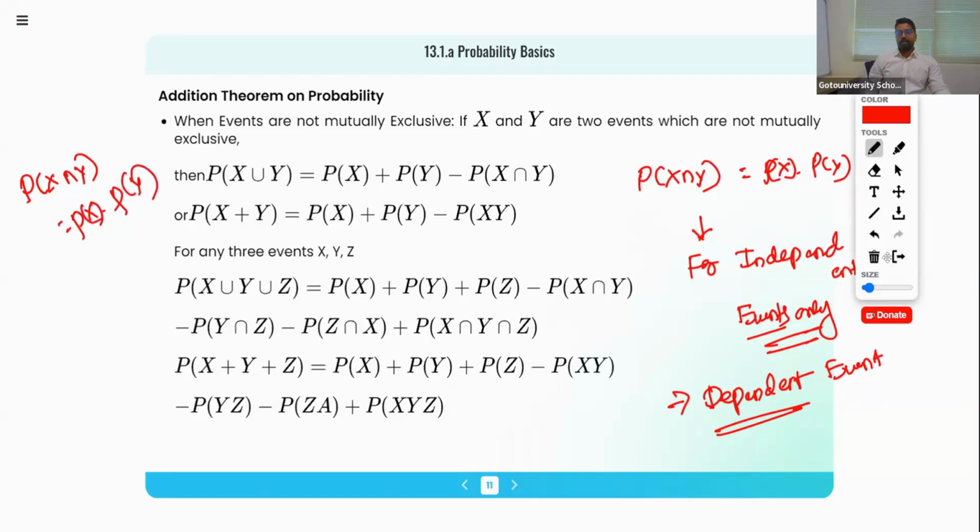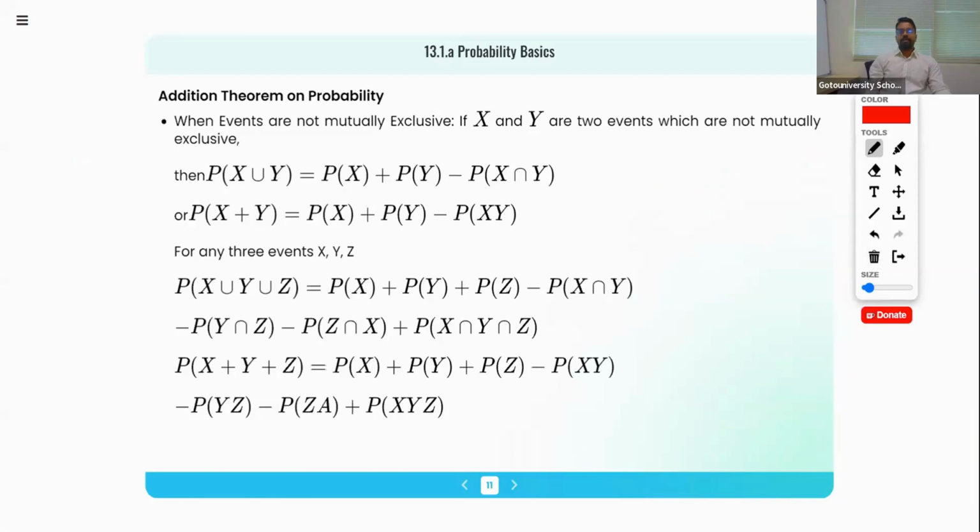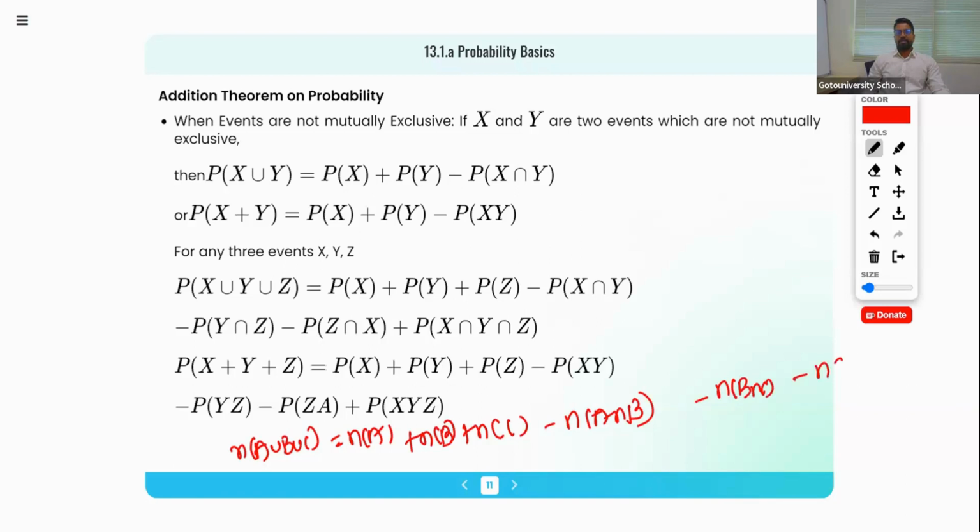Similarly, we know for three sets, N of A union B union C is given by what? N of A plus N of B plus N of C minus N of A intersection B, minus N of B intersection C, minus N of C intersection A, plus N of A intersection B intersection C. Same way, probability can also be applied.